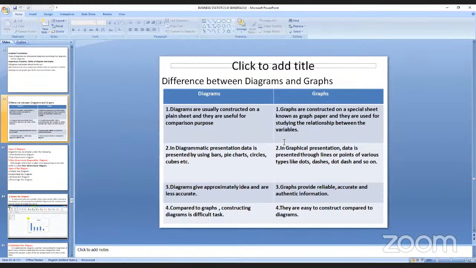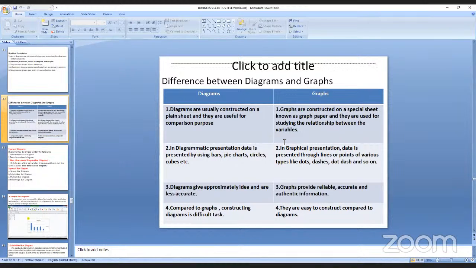And the next point is, in diagrams we can have bar diagrams, pie charts, circles, cubes. In the school also you have studied all these diagrams, no? Yes, ma'am. In the graph presentation, data is presented through lines.